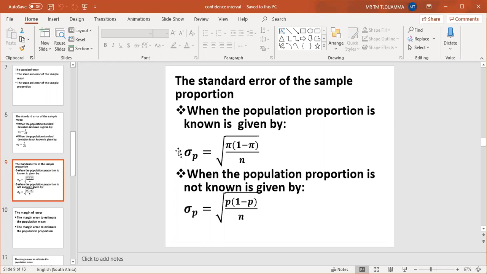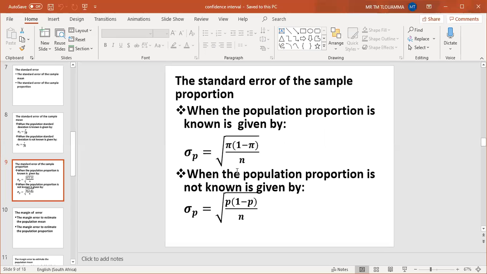So sigma p, which stands for the population proportion, equals the square root of pi into brackets 1 minus pi, divided by n, which is the number of observed items.